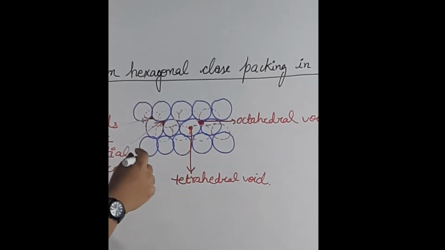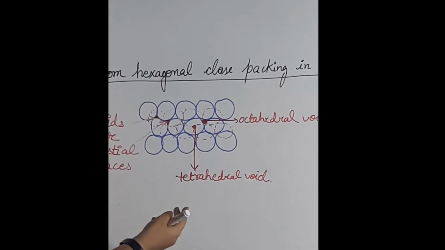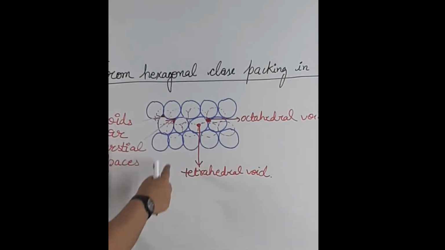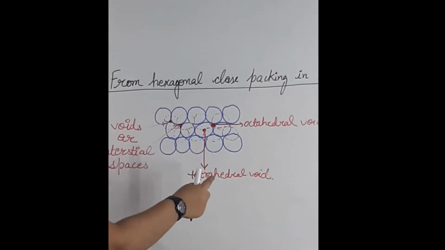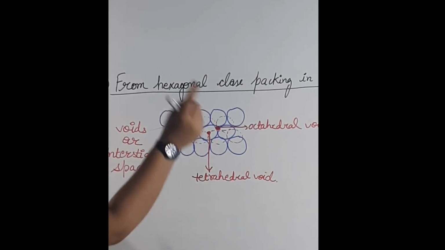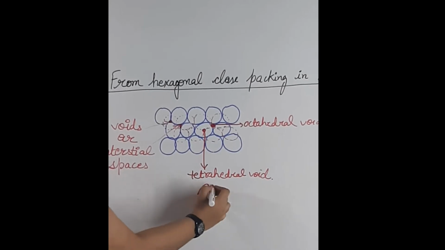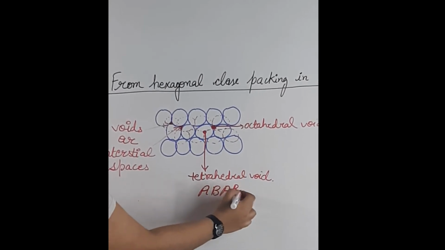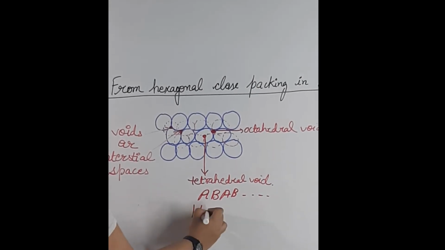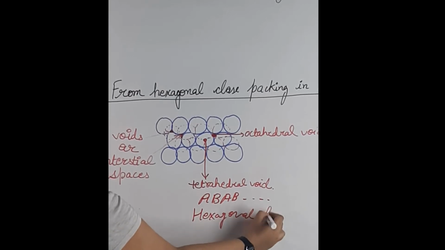Now the layer can be placed in two ways. When the third layer is placed in such a way that it covers all the tetrahedral voids, then the third layer comes out to be exactly the same as the first layer. Such arrangement is called AB type of arrangement or hexagonal close packing.